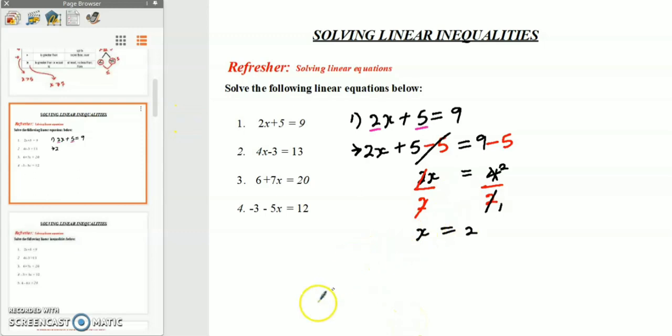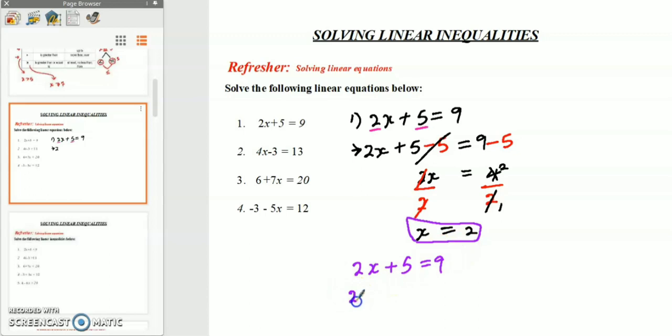But for this first one, I just want to point out something. So for example, I go back to the original equation, which was 2x plus 5 equals 9. And my value of x here is actually 2. So I should substitute 2 in this equation.